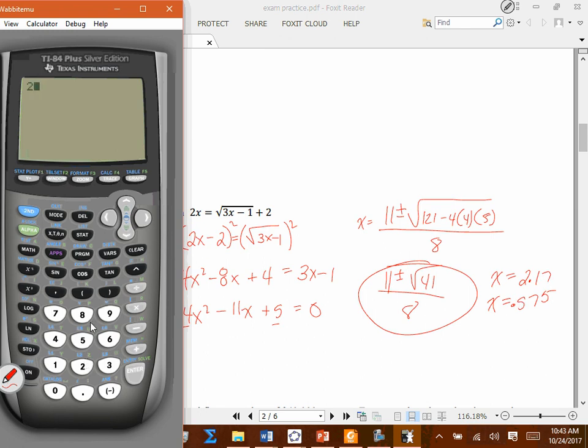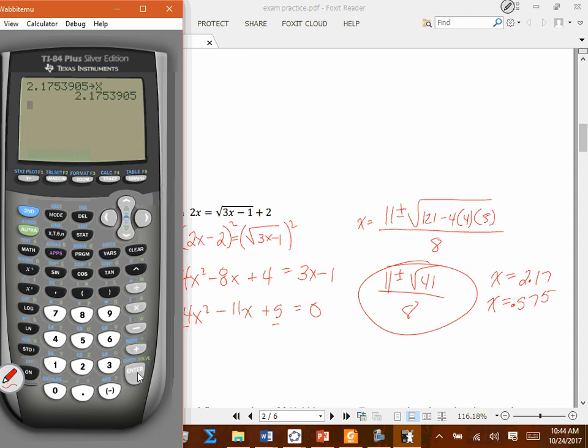So I'm going to go to the 2x side. I'm going to let x be 2.1753905. That'll probably be good enough. That's just by calculating it on my calculator. I'm going to store that as x.